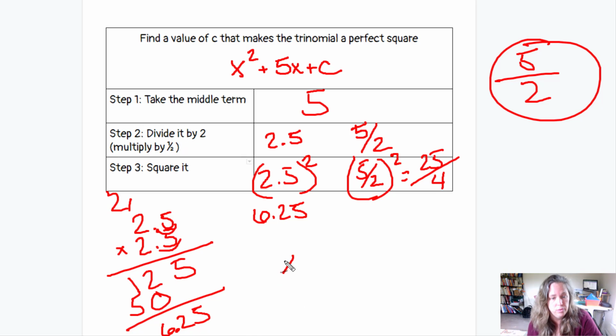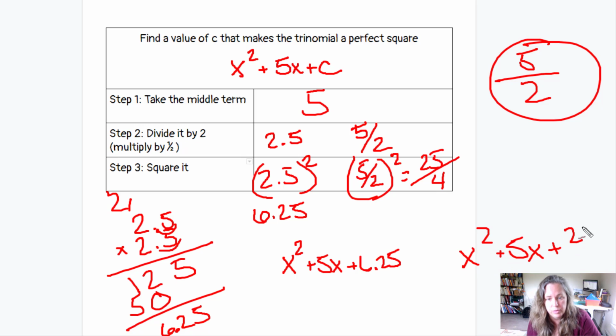Similarly, later on down the road, when we're going to be factoring these, x squared plus 5x plus 6.25 versus x squared plus 5x plus 25 fourths. The 25 fourths one is a lot easier to factor because it's the square root of the first, the sign of the middle, the square root of the last.